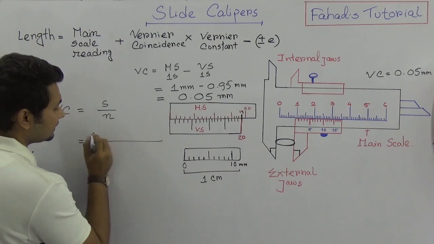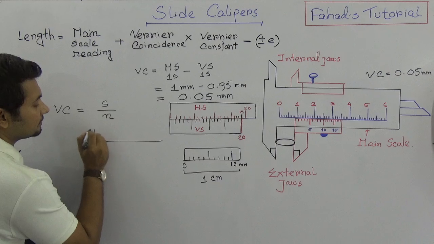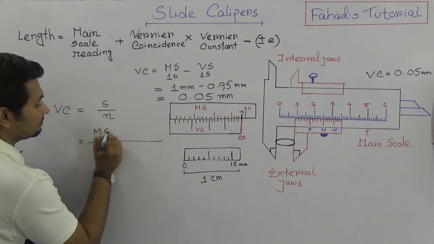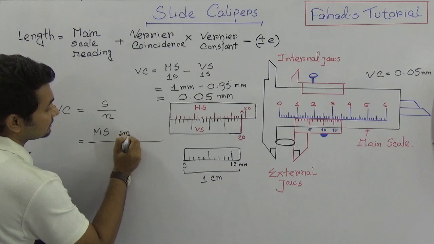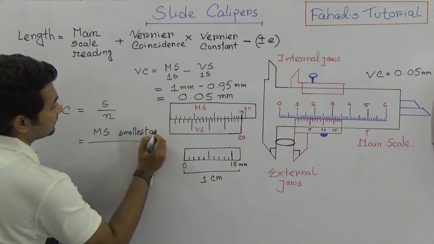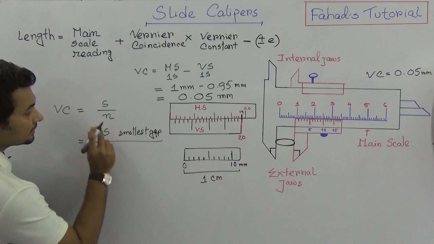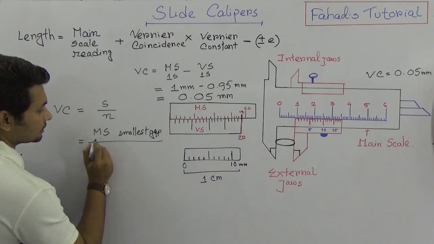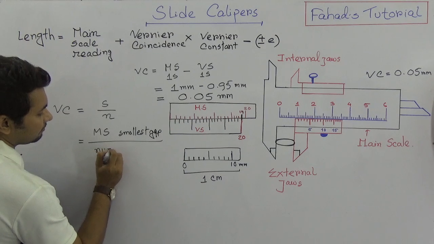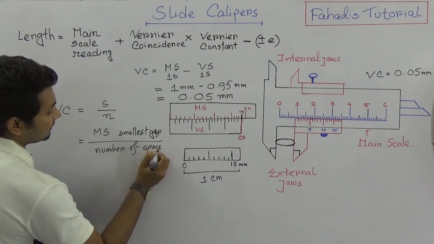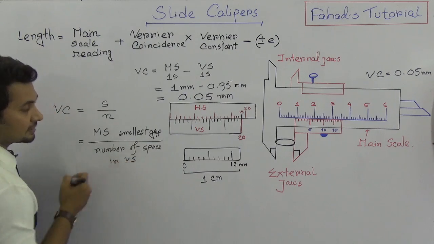S is the length or magnitude of the smallest space of the main scale, the smallest gap, divided by N, the number of spaces in the Vernier scale.